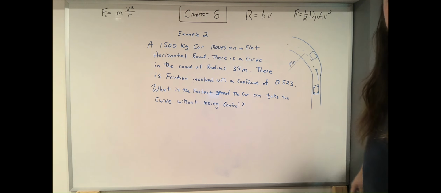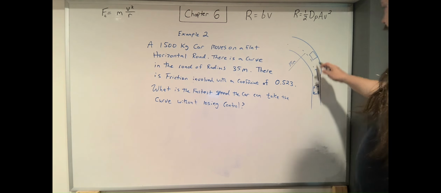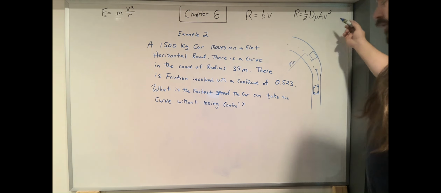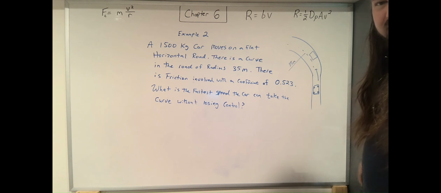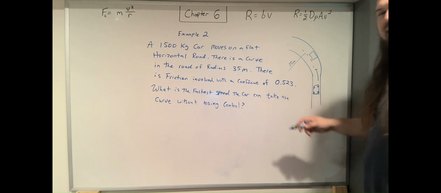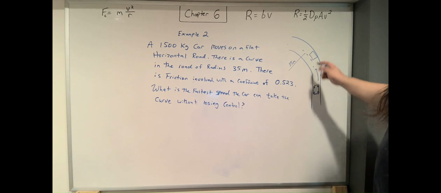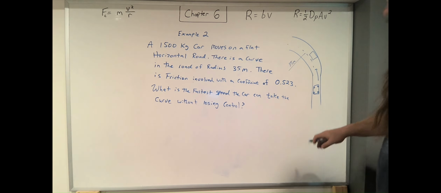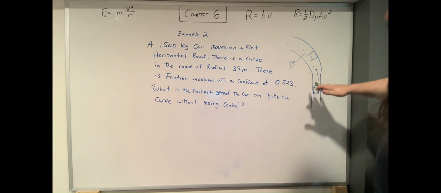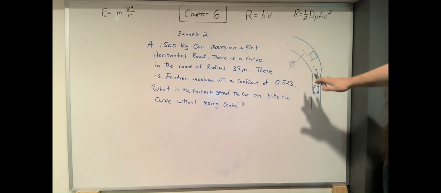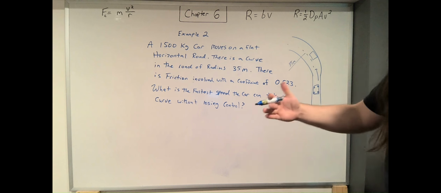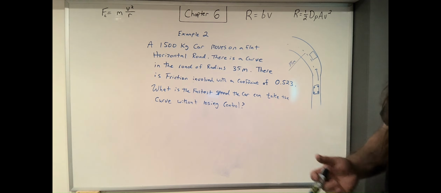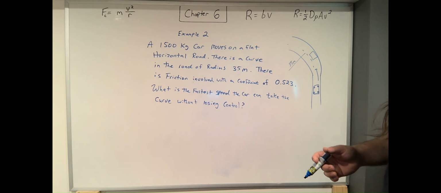So if there wasn't friction between the tires of the car and the road, the car would slide off the road. It would go straight on forward. So we know that there's friction involved. It tells us there's friction involved as the car goes around. It also tells us that this is a flat horizontal road, so that there's no banking to the curve, or it's not on a hill where it's going to have some extra gravity thrown in that direction or anything.